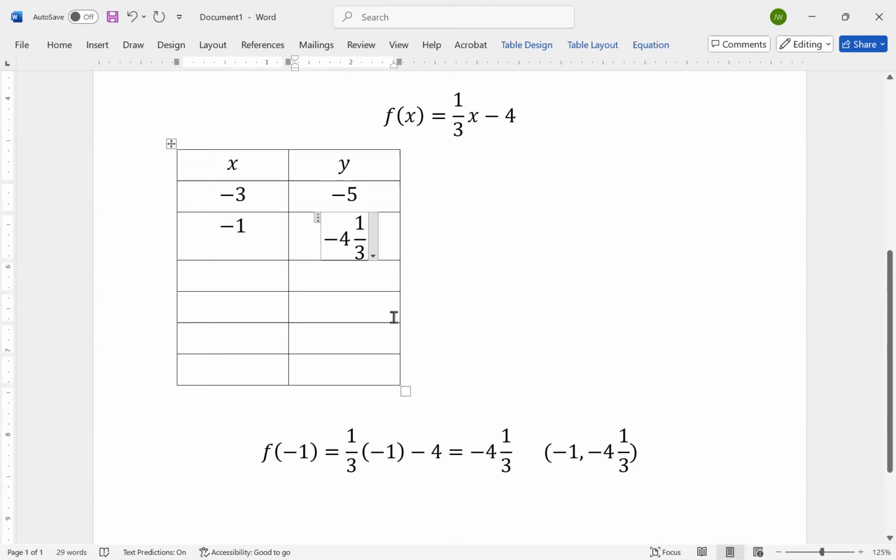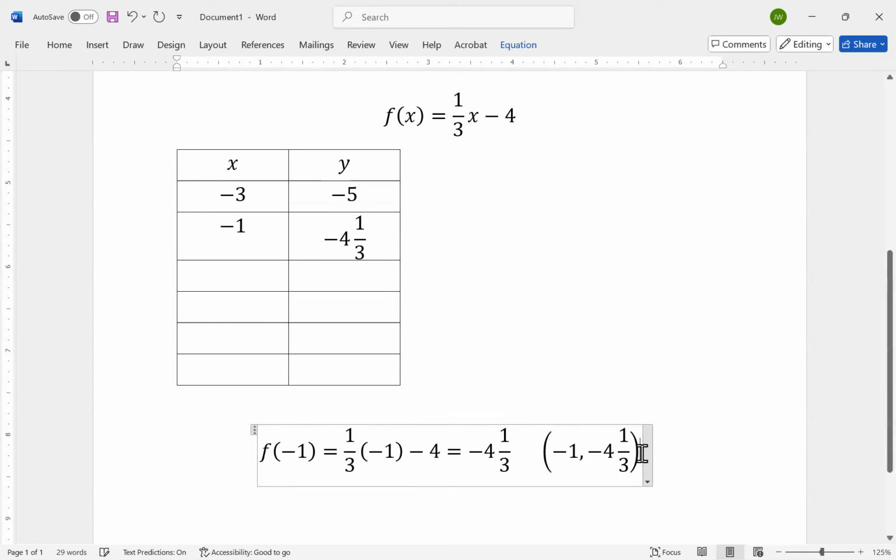Now, when I go to graph this point, -1, comma, -4 and a third, it's actually not going to end up as a really great point to graph because it's in the middle of my grid. And I kind of like it when these y values and the x values are integer numbers.